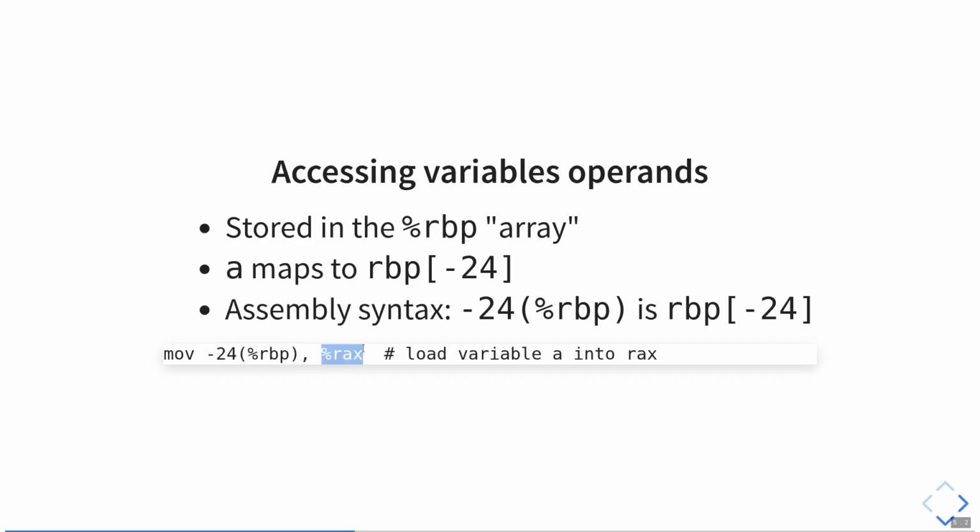So source is the left operand, destination is the right operand, just left to right. A goes into, oops, so we can read it as move the value in A into the RAX register. So this might be the opposite from MIPS if you took computer organization here. I think MIPS might have had it in reverse.